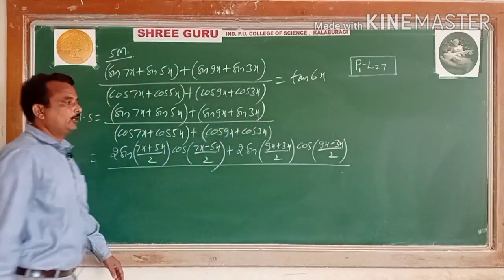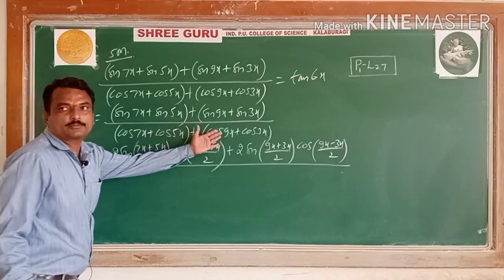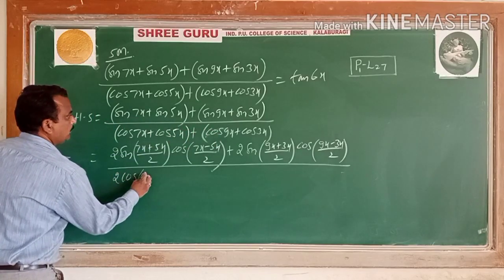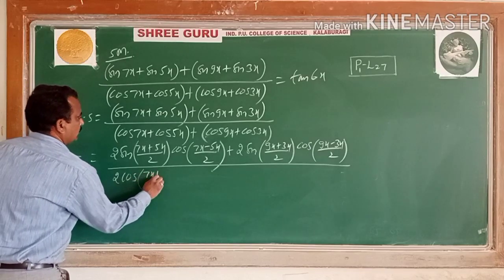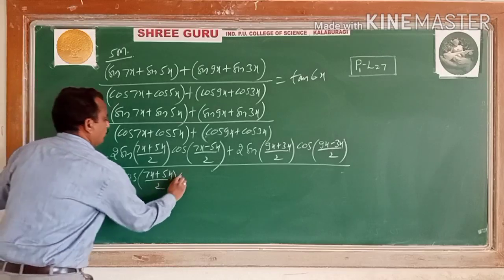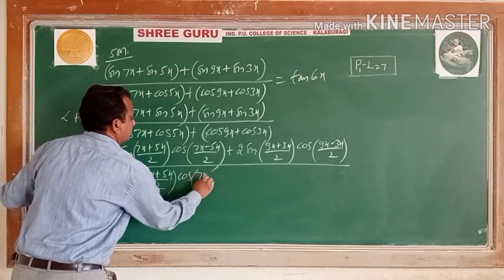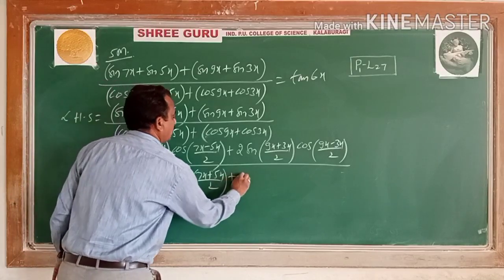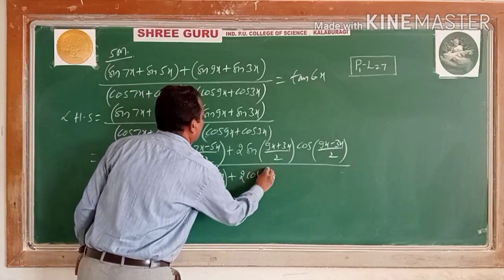Similarly in the denominator, cos C plus cos D, both take the form cos of C plus D by 2, both cos, here also both cos.